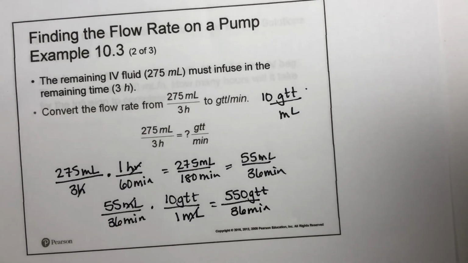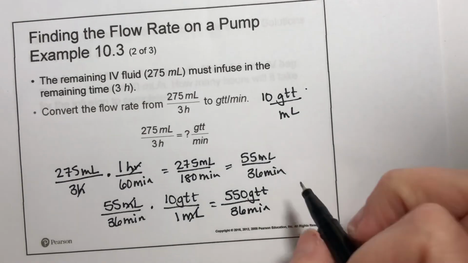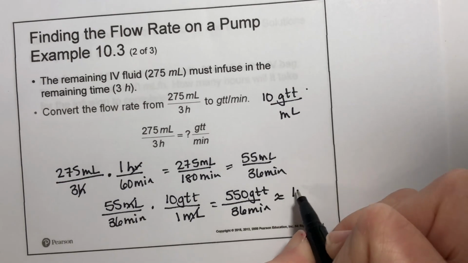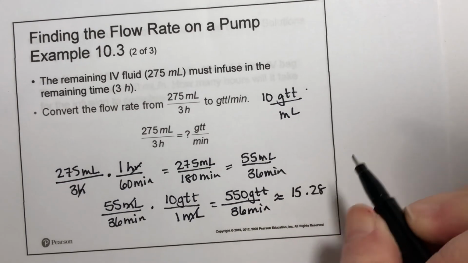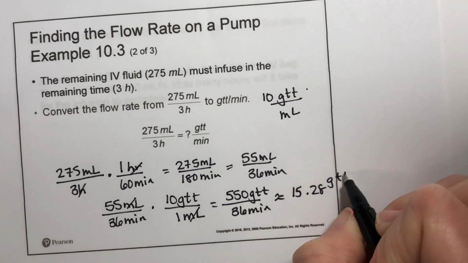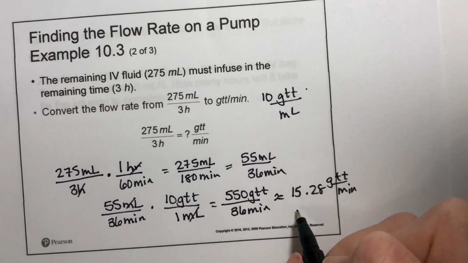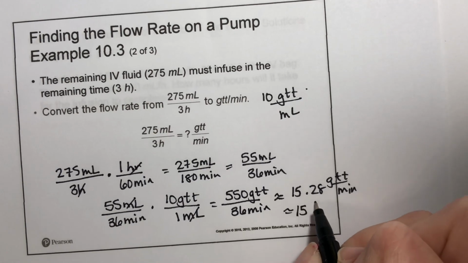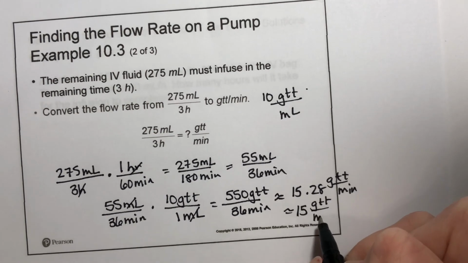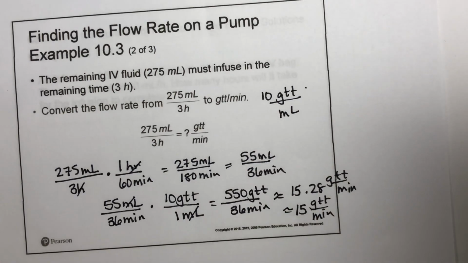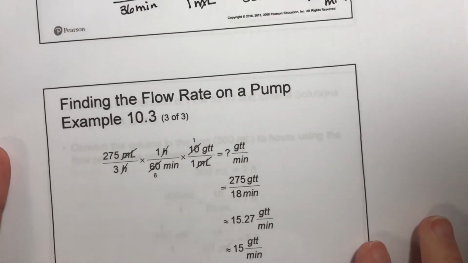And go ahead and do that division. And you get approximately 15.28 drops per minute. And they're going to want you to round that to 15. The next slide shows us exactly how we did that.